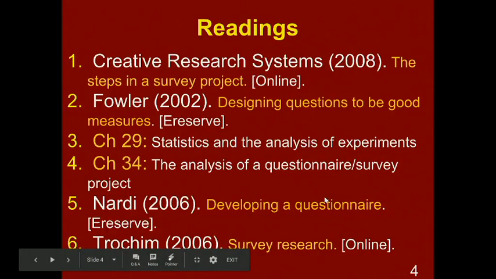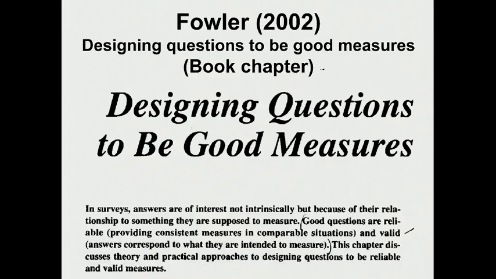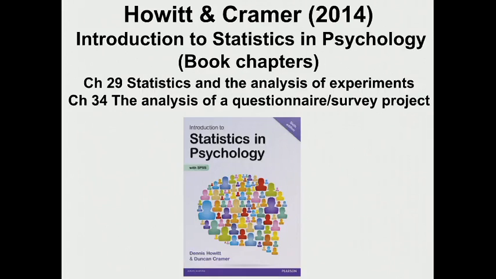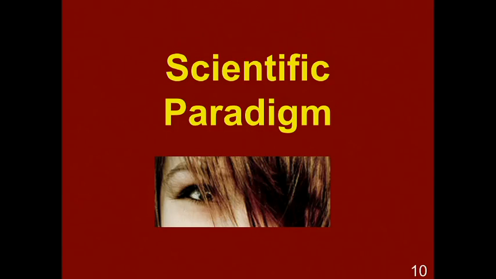NADI's a bit like the Fowler reading on how to develop a questionnaire, and Trochem has some general information about survey research. So they're just screenshots of each of the readings, which we don't need to dwell on.